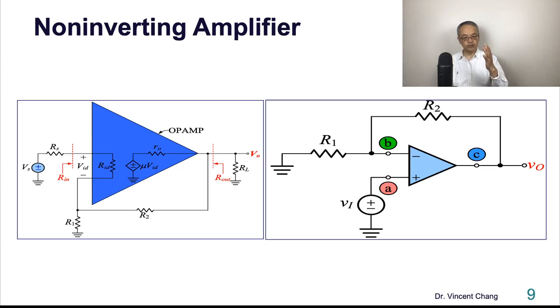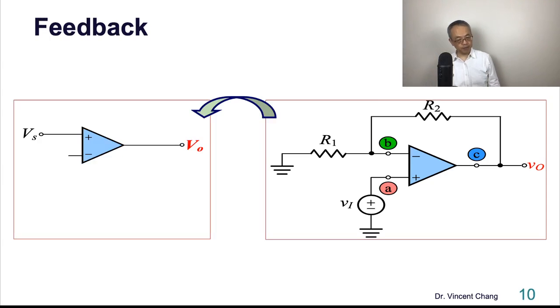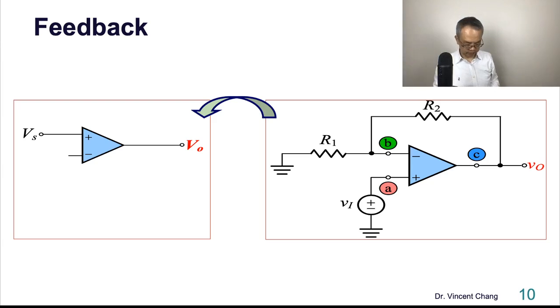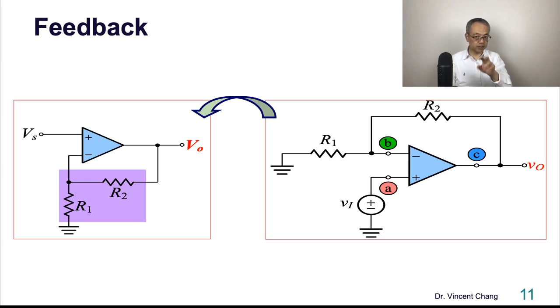So the answer to my question is series-shunt feedback: series mixing and shunt sampling. Maybe you can just turn it upside down, turn it 180 degrees. Now Vs is on the top, the non-inverting input, and the feedback network. This might be easier for you. Series mixing on the input side and shunt sampling on the output side.